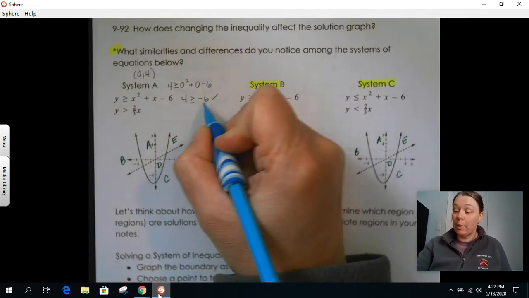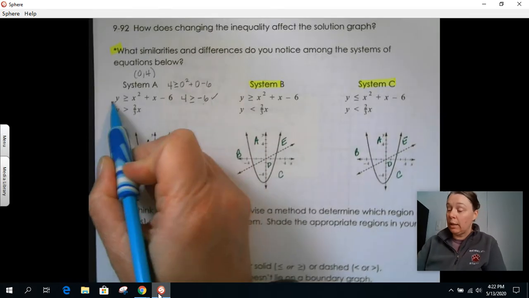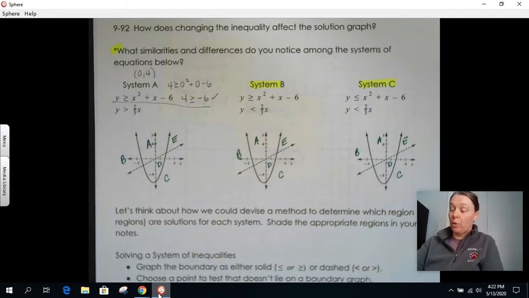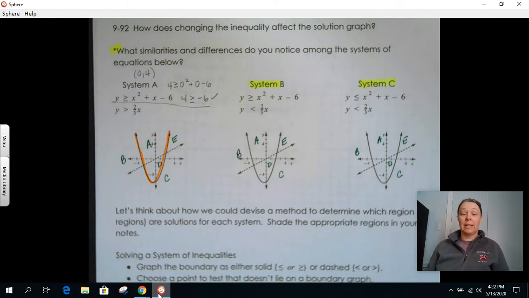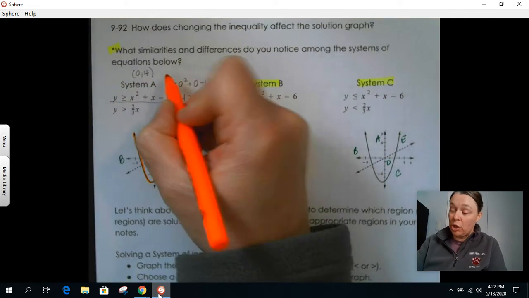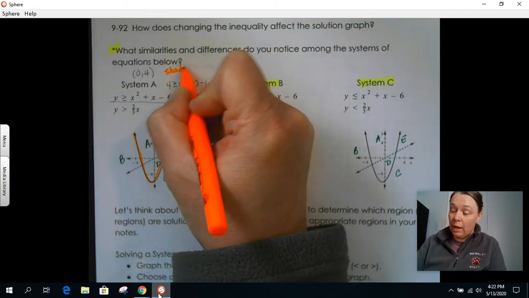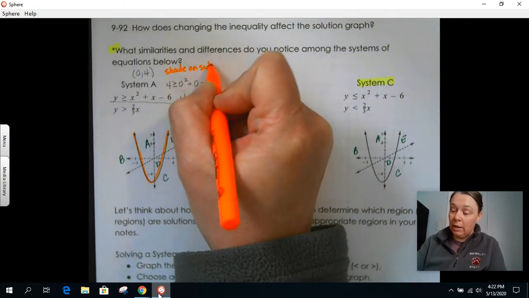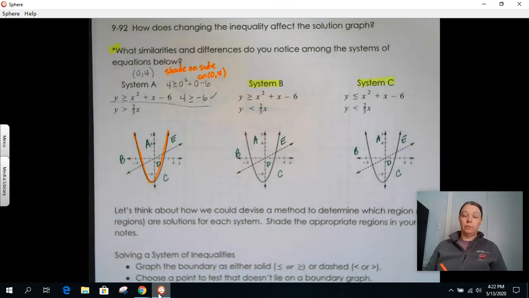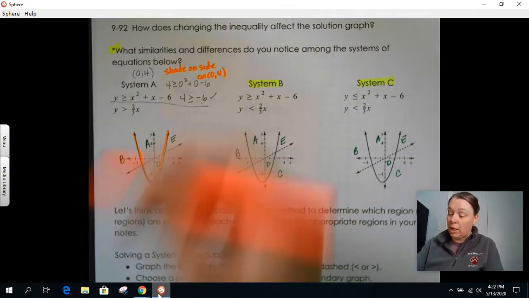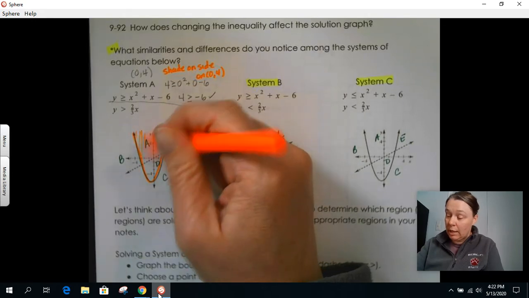Okay, so I'm going to shade for this inequality, which is my parabola, on the same side as the 0, 4. So there's 0, 4. That means I'm going to shade inside.